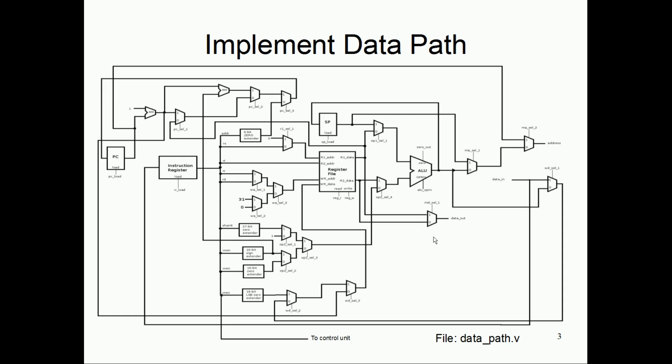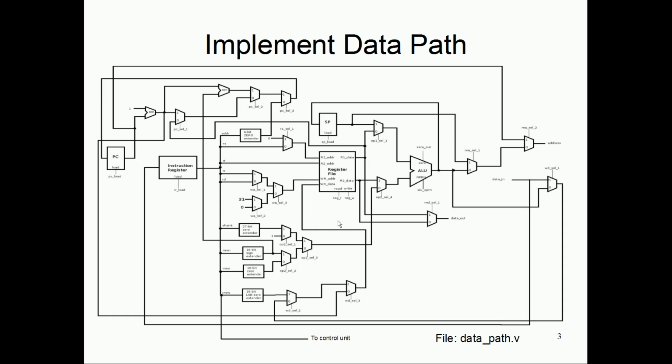Now the data path, you can take this data path as it is. We discussed so many times this data path and how it implements our target assembly language. So you can use this as a baseline, or if you feel you can use your own data path, that's also okay.